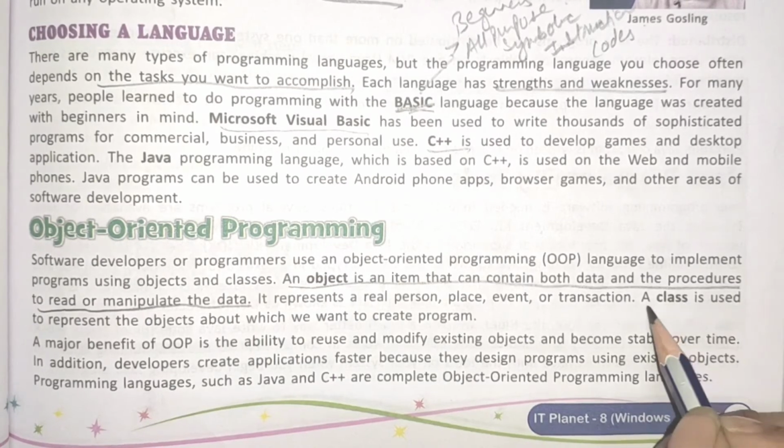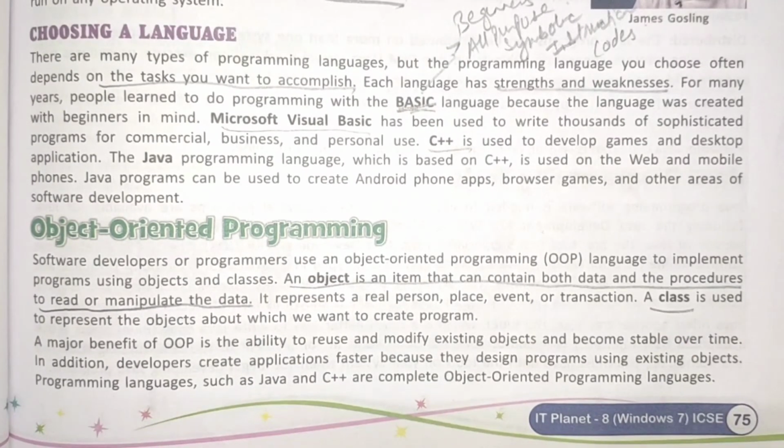And a class is a group of objects. A class is used to represent objects about which we create a program. Take a simple example. We said that any identifiable entity is called an object.